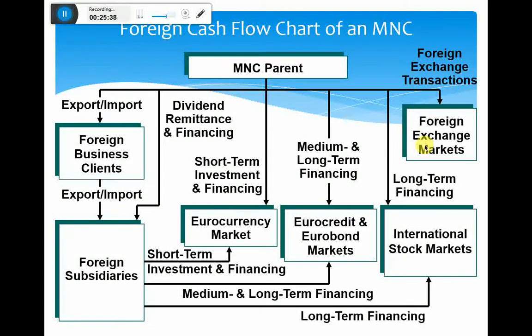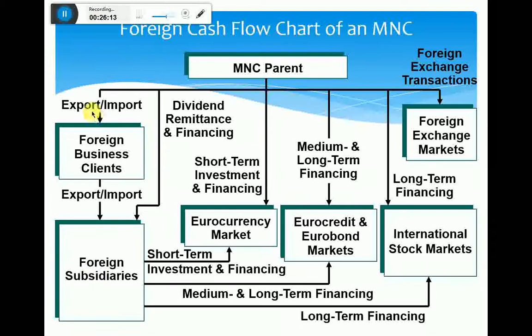So we can now see how multinational corporations and their subsidiaries utilize different international financial markets: the foreign exchange market, euro currency market, euro credit and euro bond market, and international stock markets, how they are utilized, and for what purpose, medium-term, short-term, long-term financing and investing, also remittance of dividend and funding from the MNC to the subsidiary.